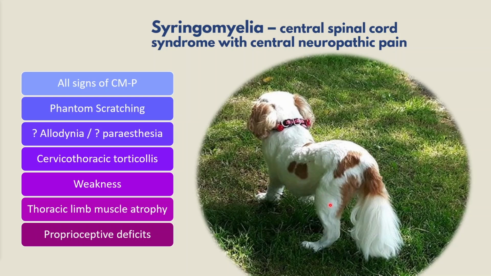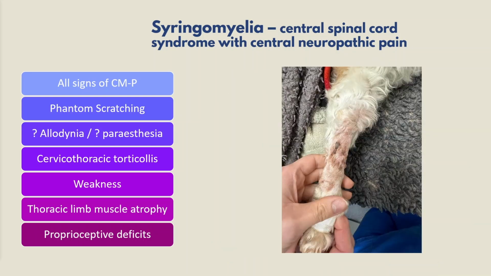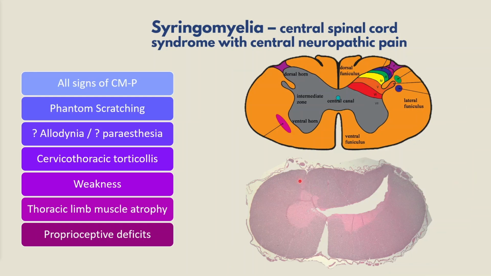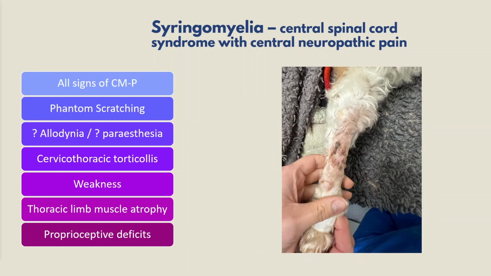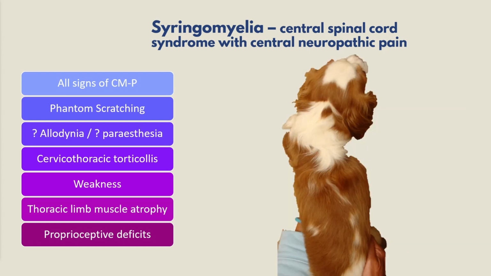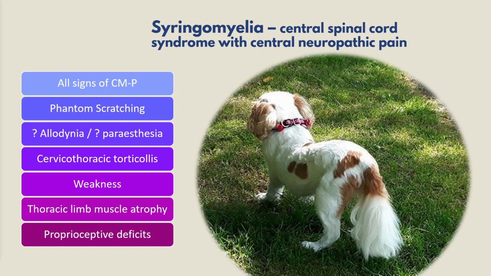It's not of the pelvic limbs, because the white matter tracts which are going down to the pelvic limbs, which you can see here, all of these little areas here, this is all the white matter tracts going down to the pelvic limbs, they are pretty preserved, and so the dogs will remain strong on their pelvic limbs, but weak on their thoracic limbs.